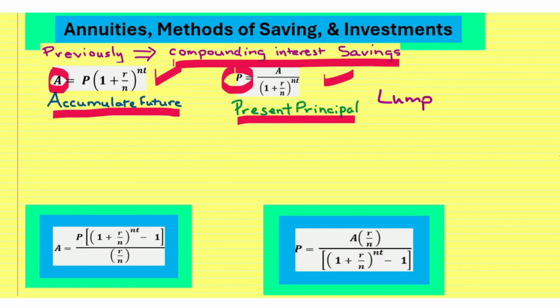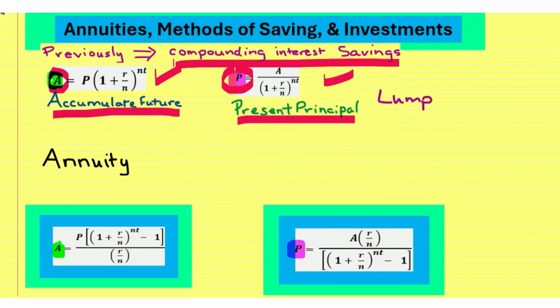But now that we're going to be talking about annuities, that P is going to mean something different. This A and this A still mean the same thing. How much money are you going to accumulate in the future? But this P right here is completely different from this.